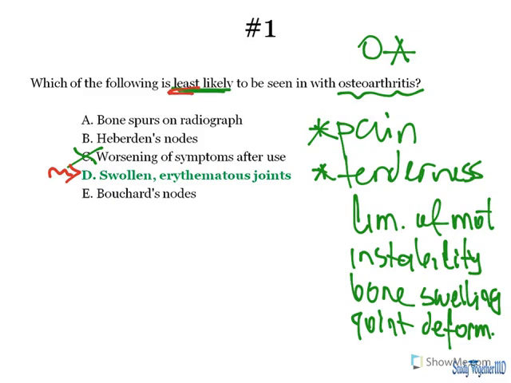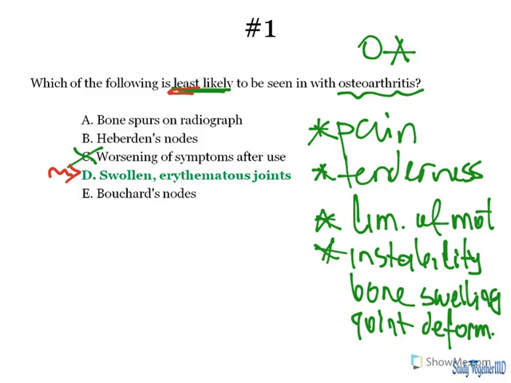Then, of course, there's a limitation of motion. When it comes to instability, we're going to most likely see giving away or buckling in knee OA. When it comes to bone swelling, it reflects remodeling of the bone and cartilage on either side of the joint, and then marginal osteophytes may be evident. These marginal osteophytes are nothing but the bone spurs.